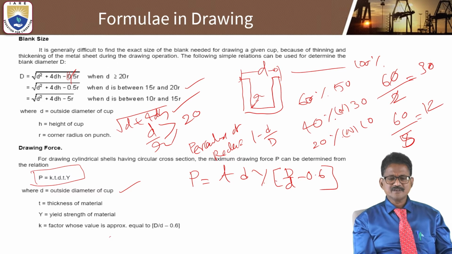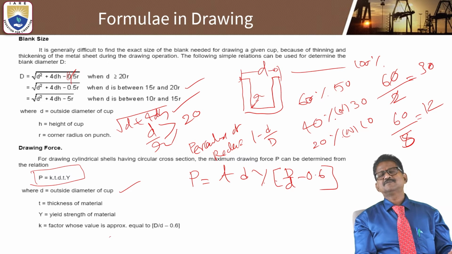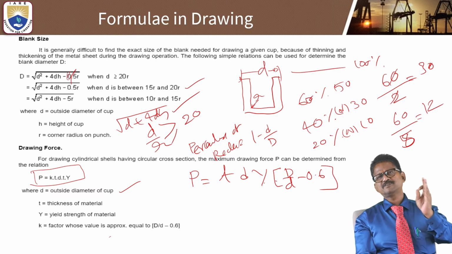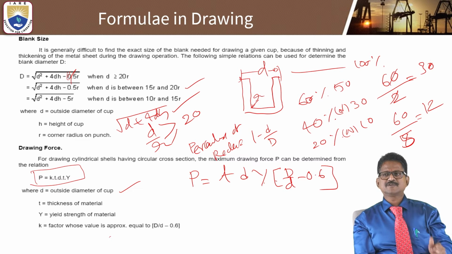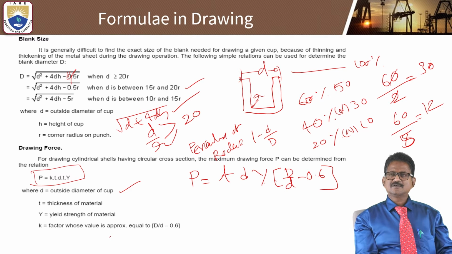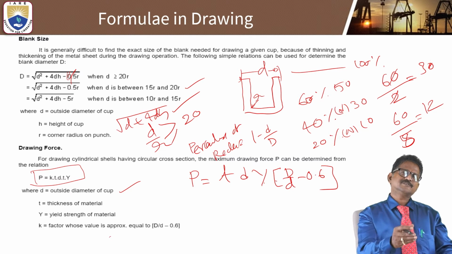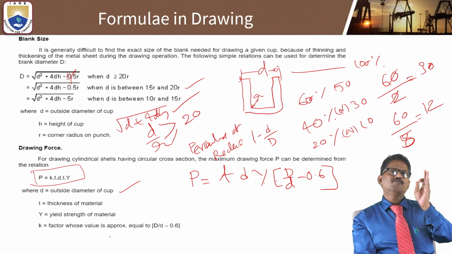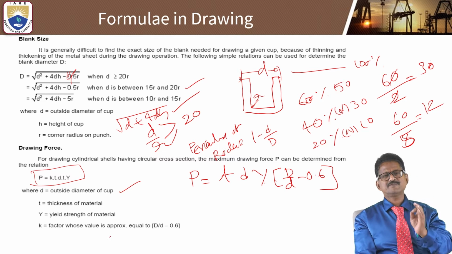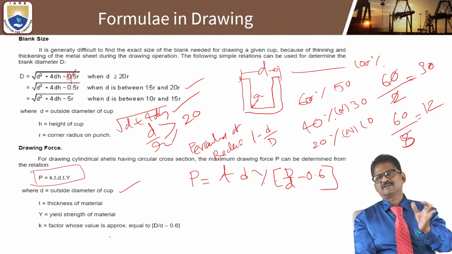The majority of students feel that it is a purely theory exam and nobody will ask problem-based topics. But in competitive examinations, even recently in IES and some central government examinations, they ask what is the blank size if the outside diameter of the cup, corner radius and height of the cup are given. How do you determine it?